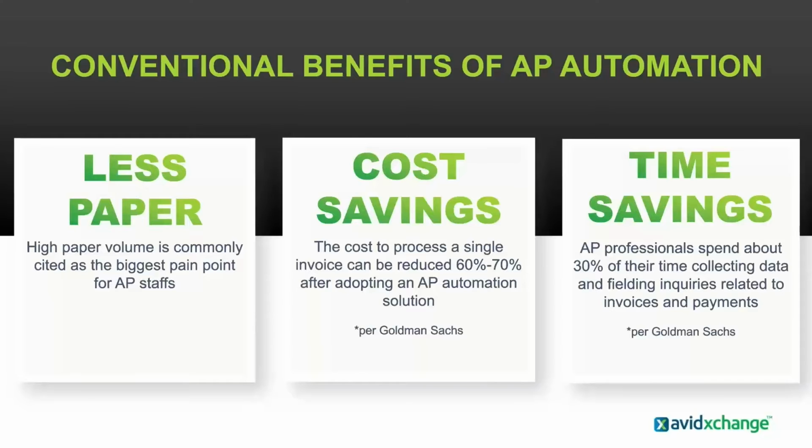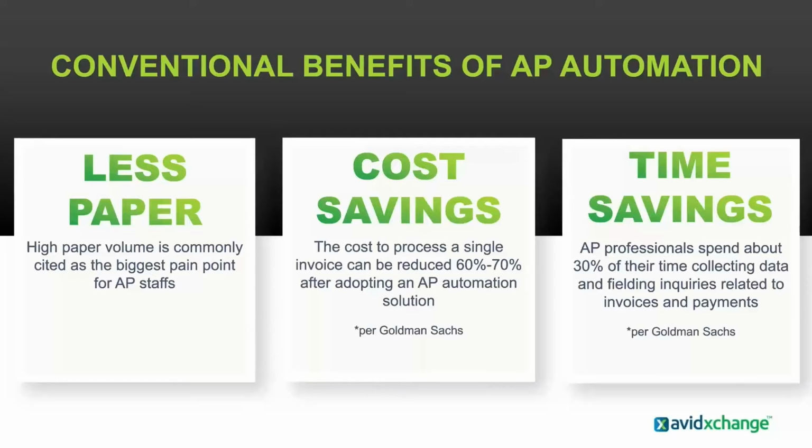And at AvidXchange, we took a survey, and 57% of those respondents cited high paper volume as their biggest pain point. In that same survey, 64%, again the highest, said the greatest improvement offered by AP automation was that drastic reduction in paper. So we're definitely happy to hear about that.